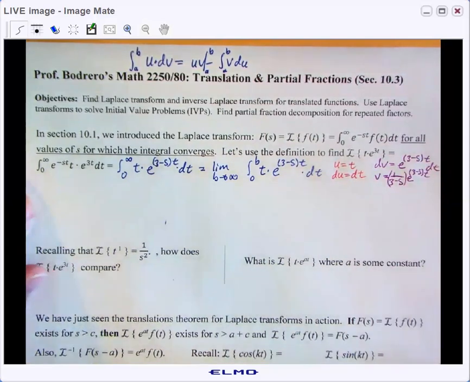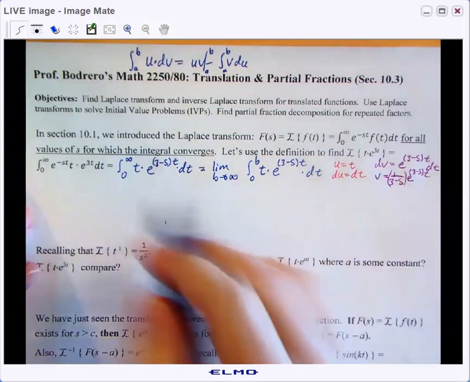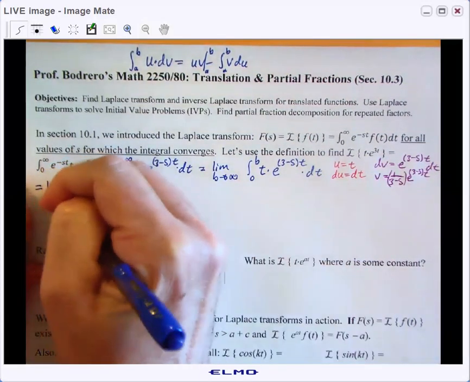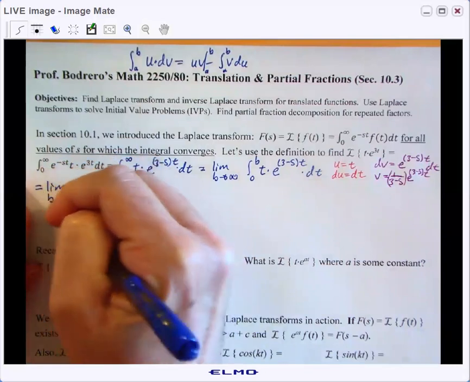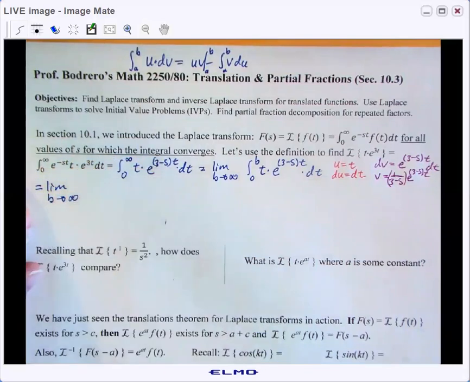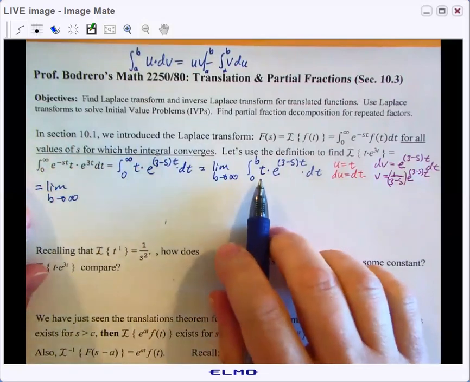Okay, so with those substitutions, we can do our integration by parts. So we'll get still the limit as b approaches infinity of our integration by parts.